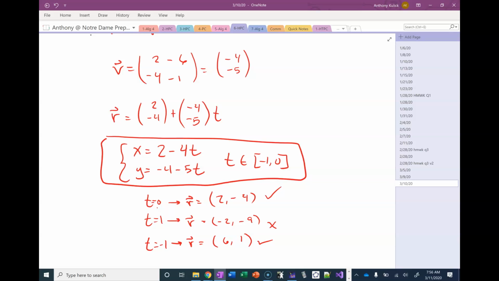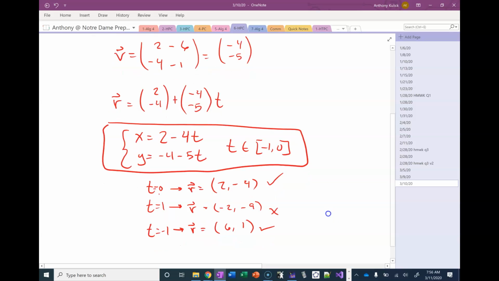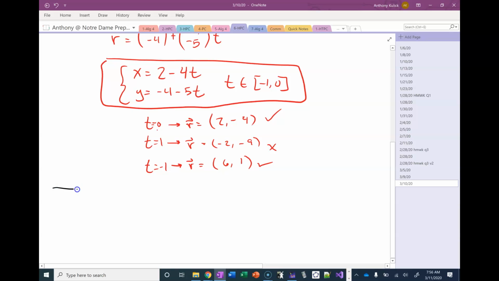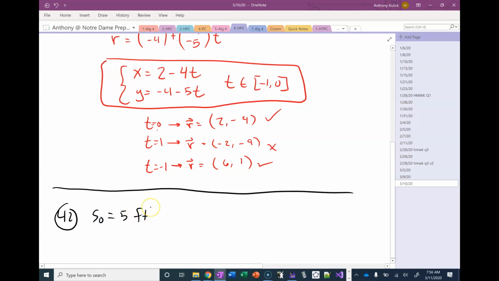Anyone else with questions from this assignment? Yeah, Colette? 42. So this says a ball is thrown straight up in the air from an initial height of 5 feet, with an initial velocity of 80 feet per second.